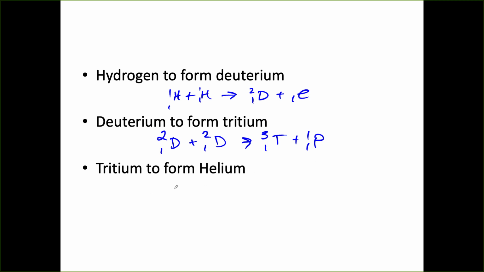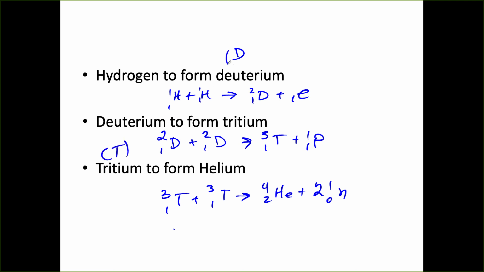And then tritium plus tritium, you're going to get helium, and you're going to get two neutrons. If I get that right, yes. So those are the three reactions, and they're all fusion. Remember, hydrogen, deuterium, which is D, and tritium, which is T, are all the same element, just different isotopes. Hydrogen is the only element that has more than one chemical symbol.